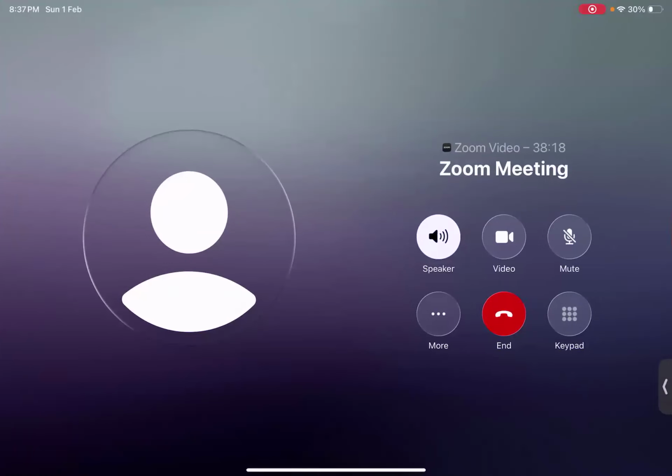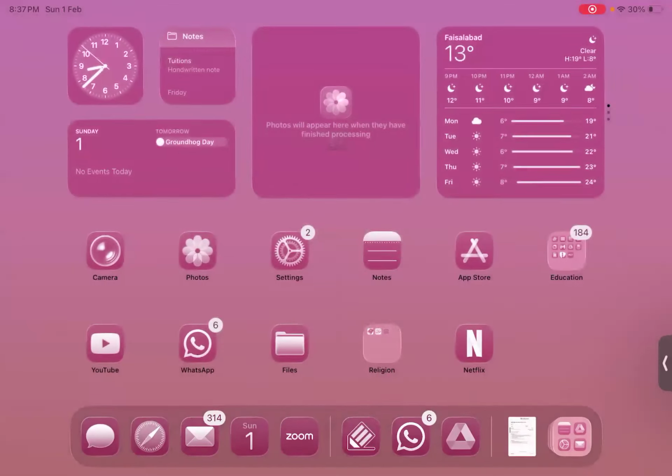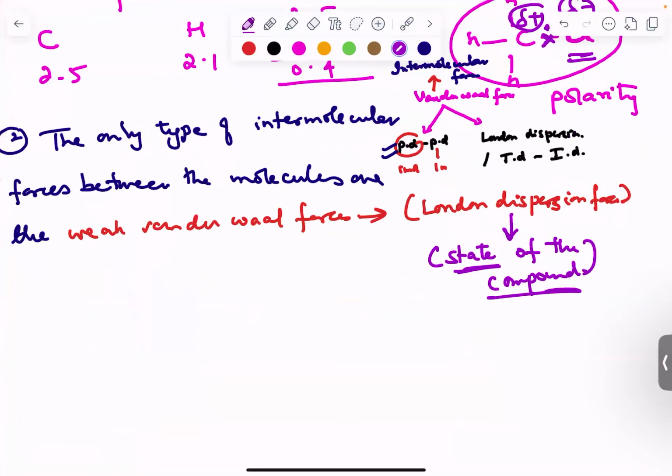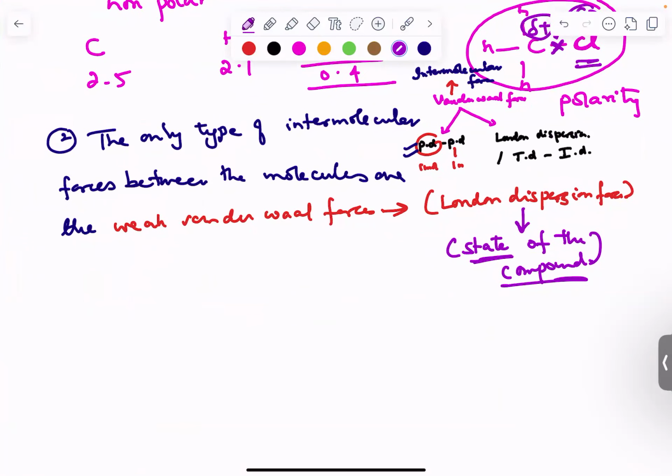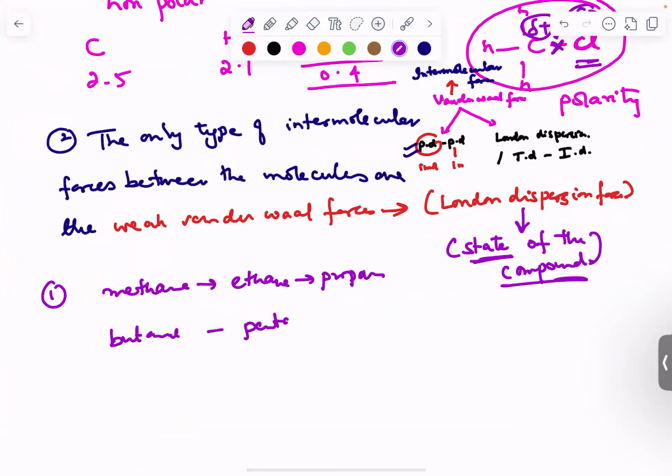So if we start with the simplest alkane, methane, then comes ethane, then propane, then butane, and then pentane.